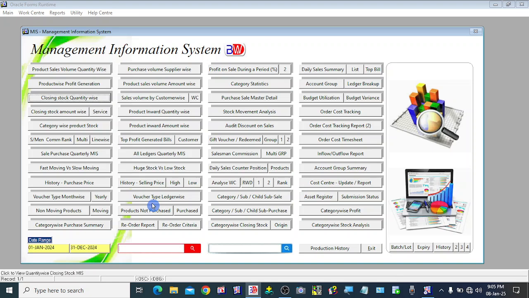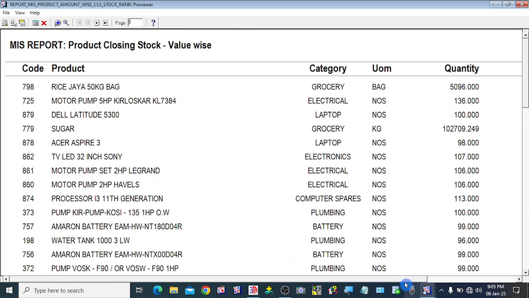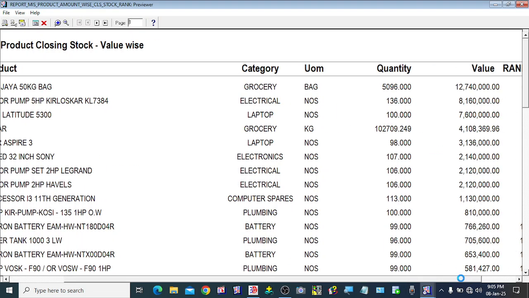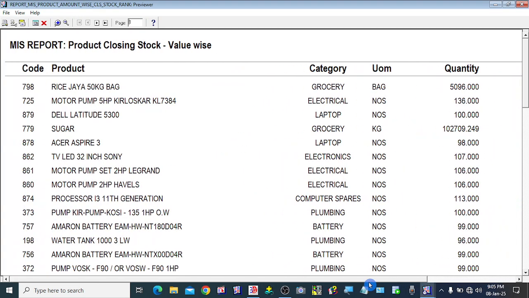Similarly, the previous report we checked is the quantity wise closing stock summary. In a similar way, I also want to know the amount wise closing stock summary. By clicking this closing stock amount wise button, here we can see that even though the quantity is high for some products, the value may be less.